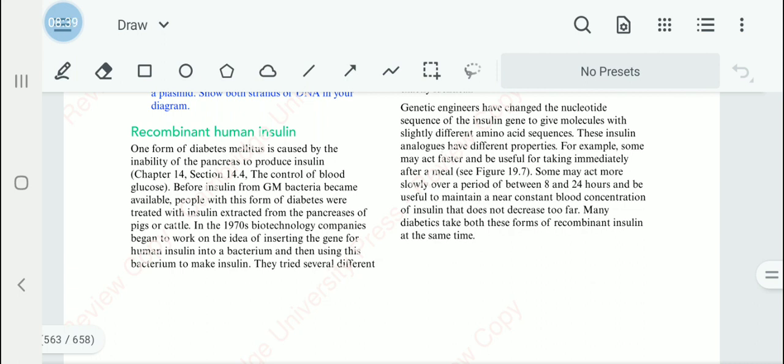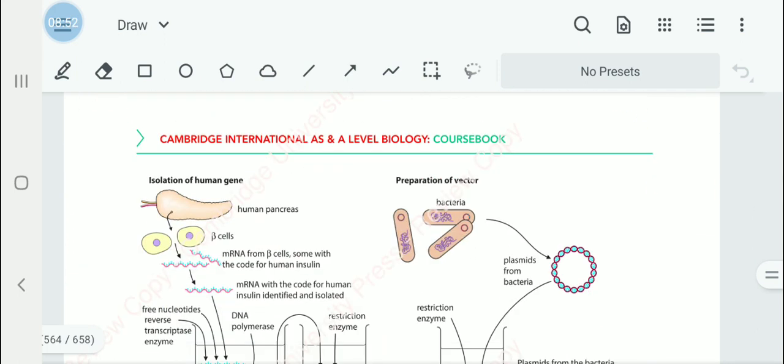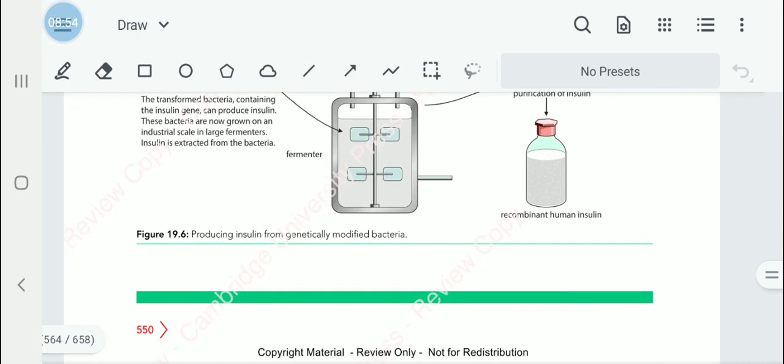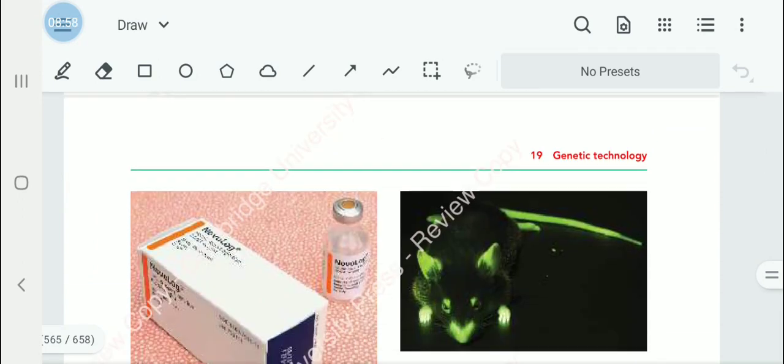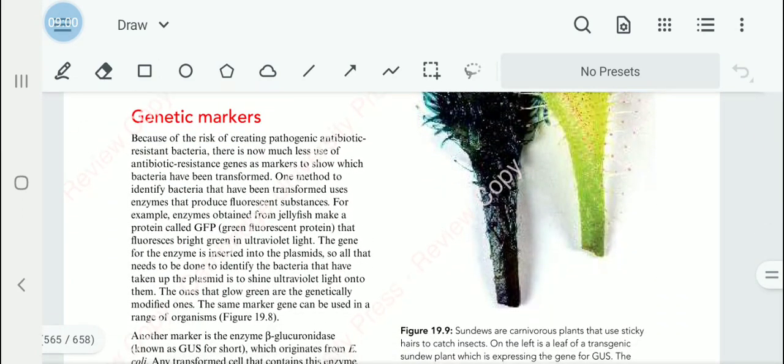Some act fast and some act more slowly, and can be used by patients depending on their requirement. I would suggest that you draw Figure 19.6. That would make it easy for you to understand. Now to talk about genetic markers.